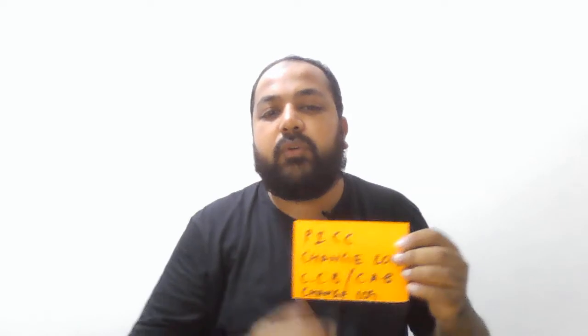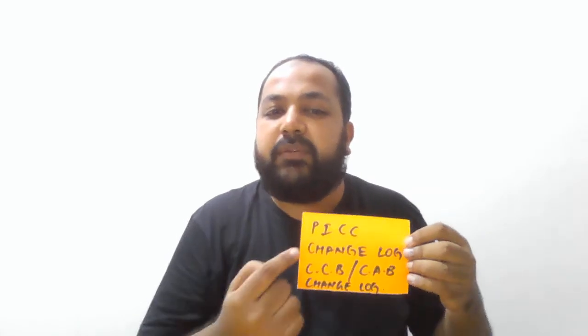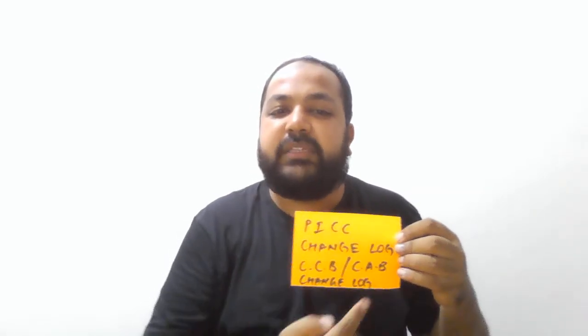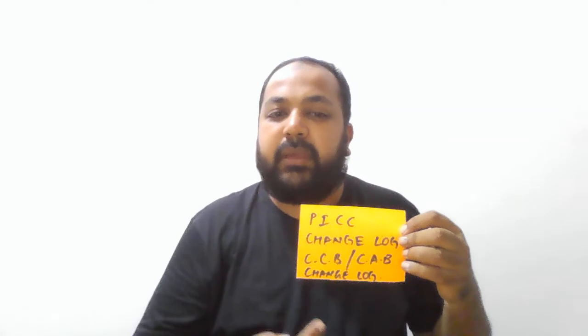From the PMP PMBOK perspective, this is done to perform the integrated change control process. Things that you will see are change log, CCB, CAB, and change documents, right? So these are things that you'll see quite frequently in the PMP examination. What is a change log? A change log is to record changes.